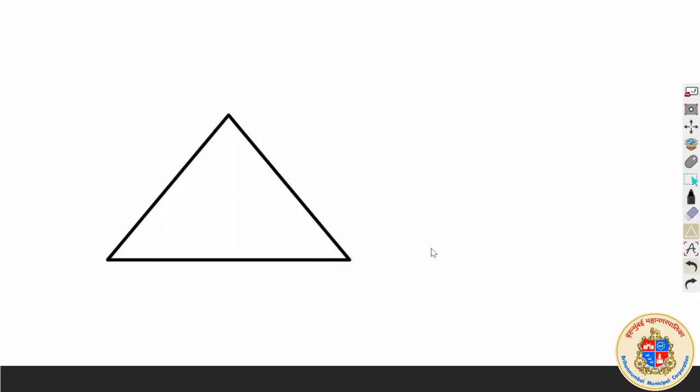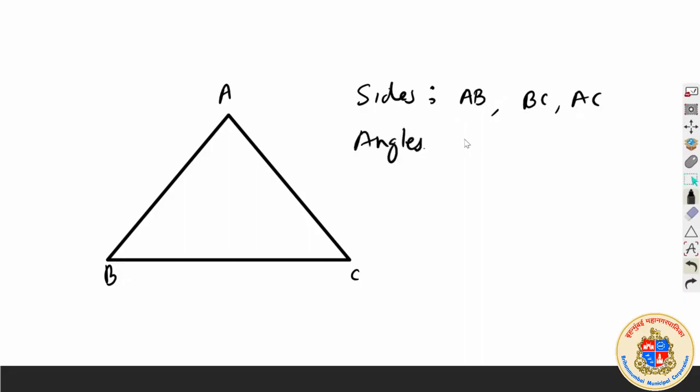If you look at this triangle, you will remember what all things you studied in the previous class. We know that all triangles have three sides. If I name this triangle as ABC, we will say the sides of the triangle are AB, BC and AC, correct? If you ask about the angles of the triangle, you will say angle A, angle B and angle C. This you know.